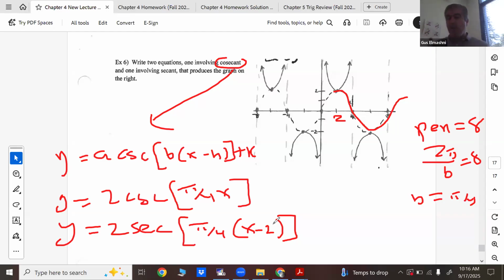Of course, I can always twist these questions, and I can say, hey, give me a value that's negative and h value that's negative. I could do that. I might. Because there's no condition for a or h, I kind of just left it open-ended. So I just chose something that seems simple, right? If I do it with a negative, I'd start over here.